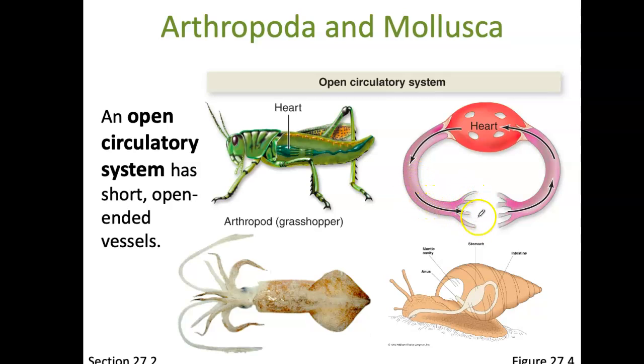And it's open on this end, so it kind of bathes the inside of this organism. And it flows all over here, and then it gets picked up on the other end. That would be an open circulatory system.